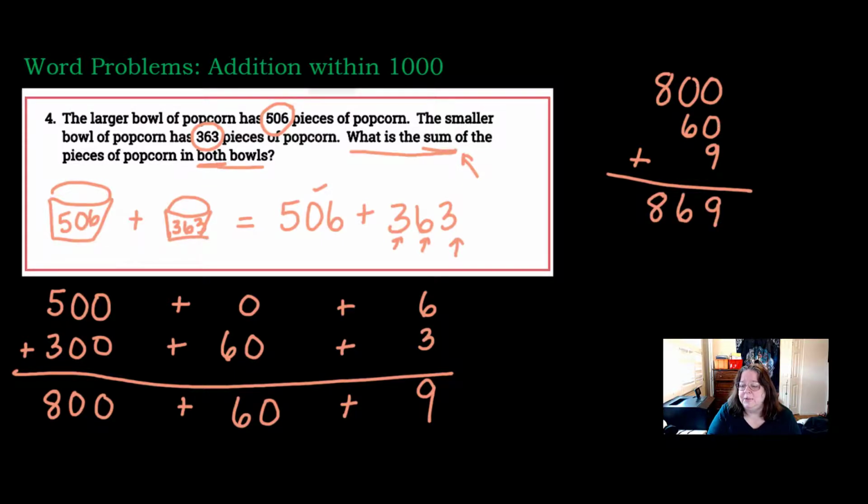Because these are zeros here, so it made it very easy to add. So what is the sum of the pieces of popcorn in both bowls? 869. If I wanted to answer in a complete sentence, I would say the sum is 869. If I wanted to write more, I could say there are 869 pieces of popcorn in both bowls. And there you have it.